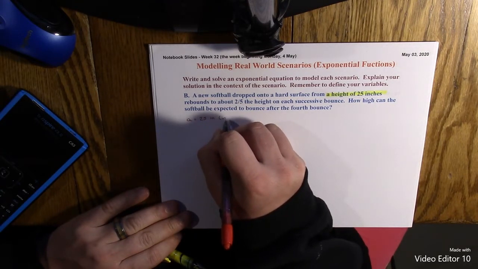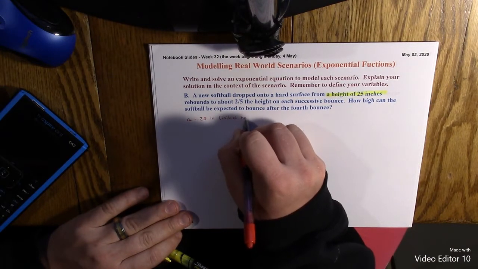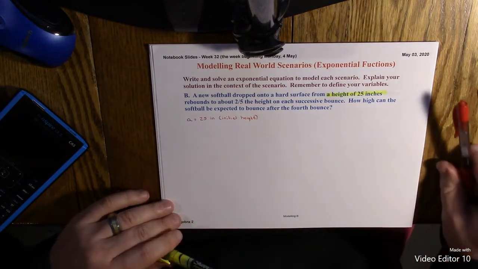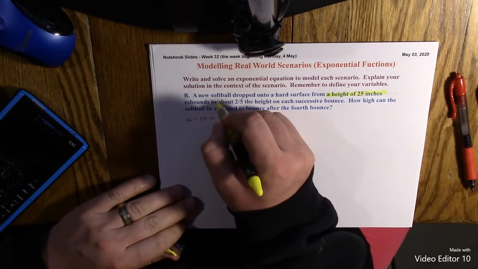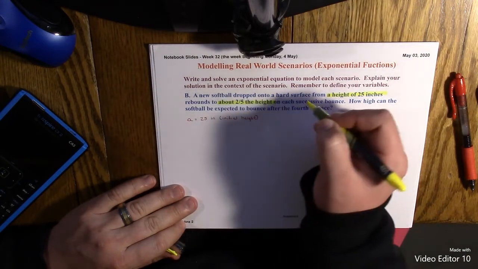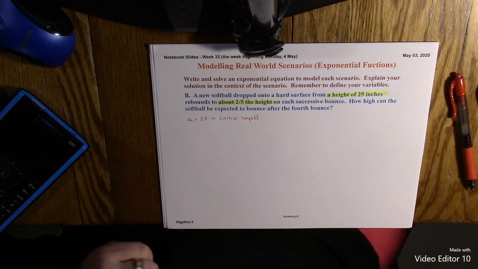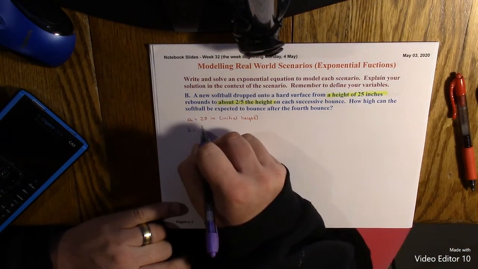That's our initial height. Each bounce thereafter will be 2/5 the height. So our B value, our factor of exponentiation, will be 2/5.